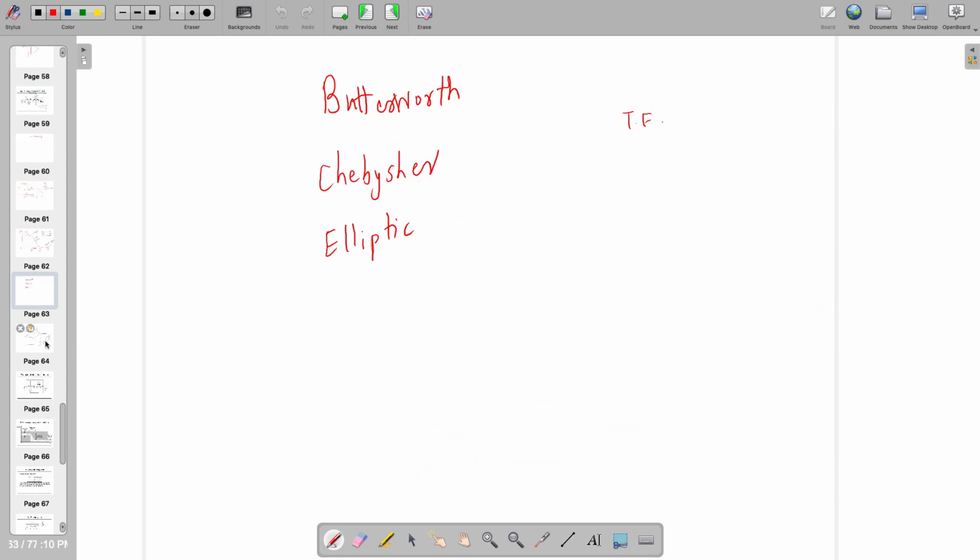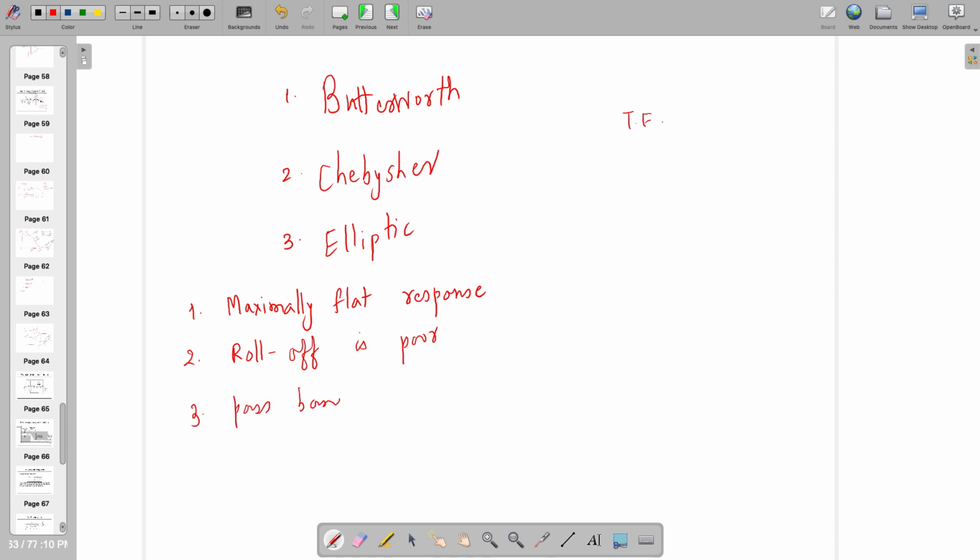But note that Butterworth is known as the maximally flat response, and its roll off is poor, or you can say that it does not have passband and stopband ripples. It will not be there, or you can say that the output will look like this one.